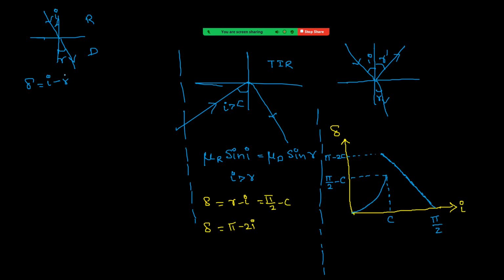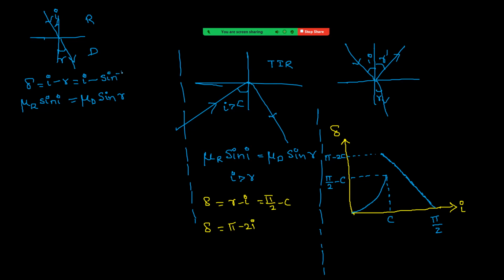Now see the graph. Let us take Snell's law. Mu rarer sin I is equal to mu denser sin R. So we want to find the R value in terms of I. That means this is written as I minus, in the place of R, what we can write?